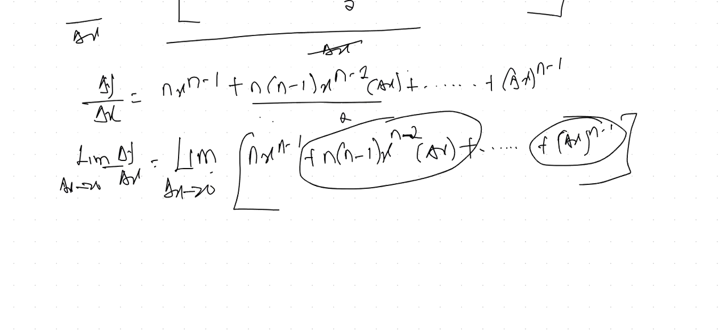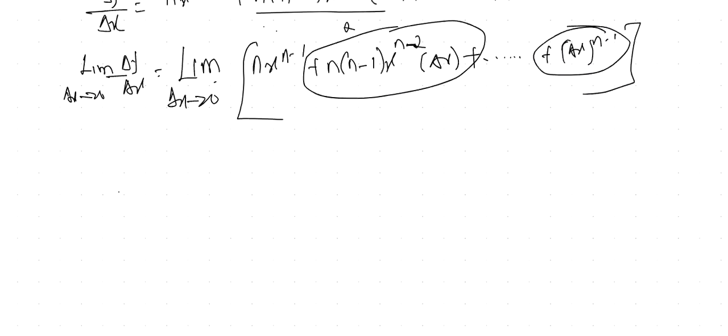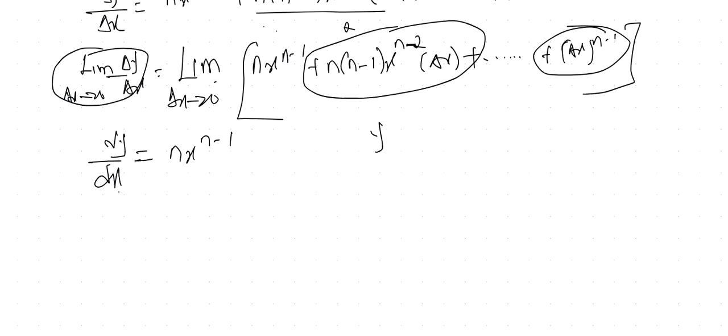Therefore, if you take the limit of this one, it is always dy/dx, which is equal to this one. You don't have to take the limit because there's no change in x here, so it remains n x raised to the power of n minus 1. So that means that if you are given y equals x raised to the power of n, then the differentiation of this is equal to this.